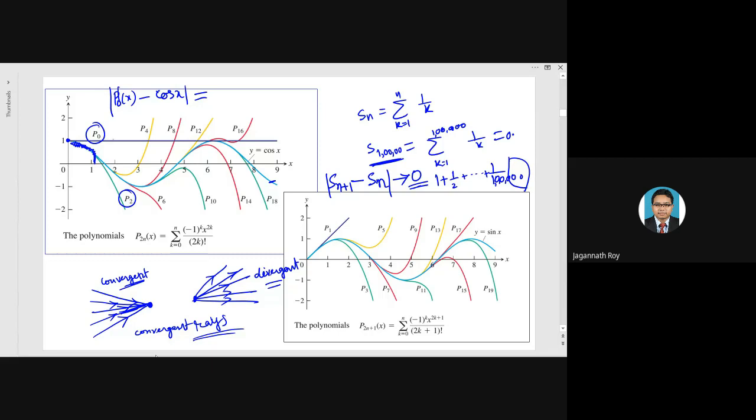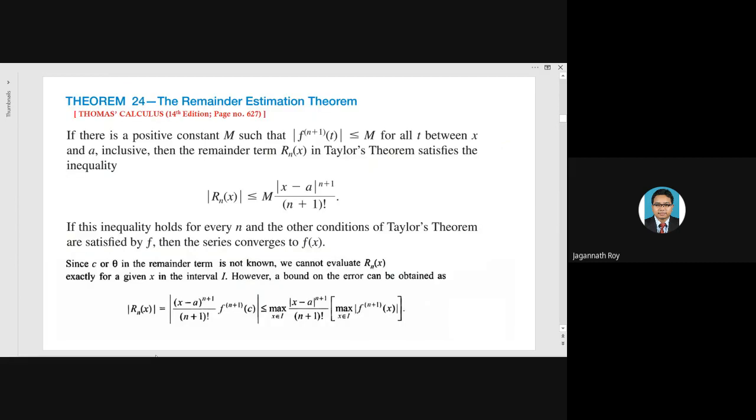Now, as you know, Taylor's formula will be used to approximate functions. We will try to approximate some functions, and we will also try to find out the error.